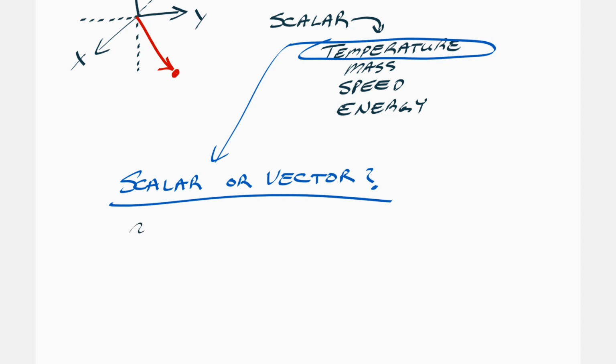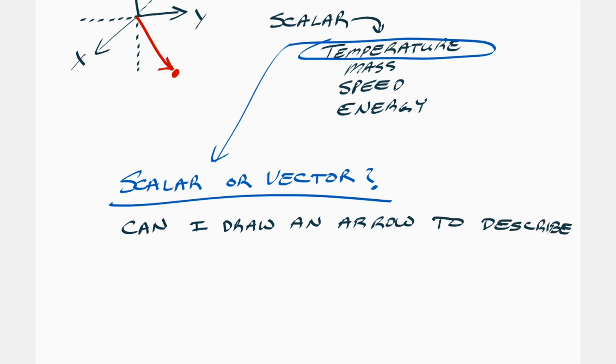Right, so can I draw an arrow to describe the quantity in question, or can I only draw a dot? Okay, can I draw an arrow to describe this thing, or only a dot?